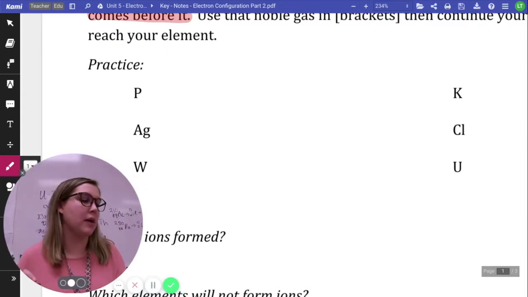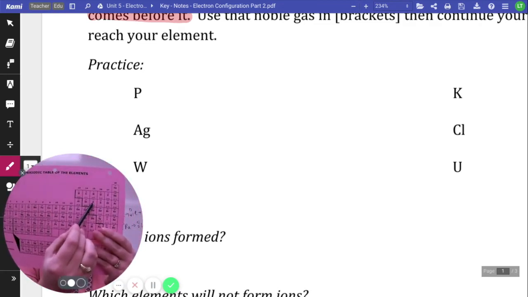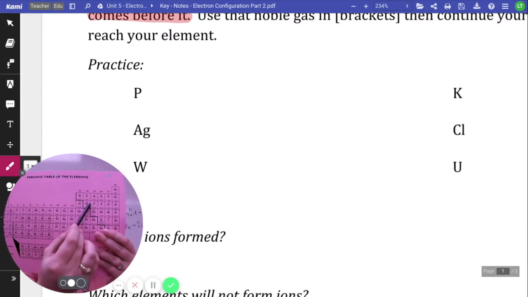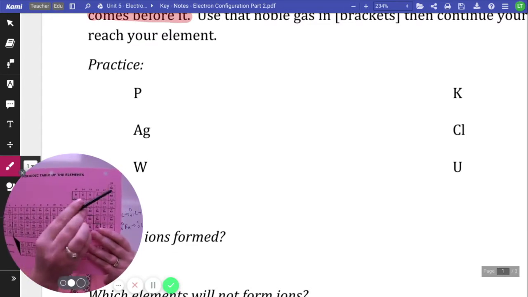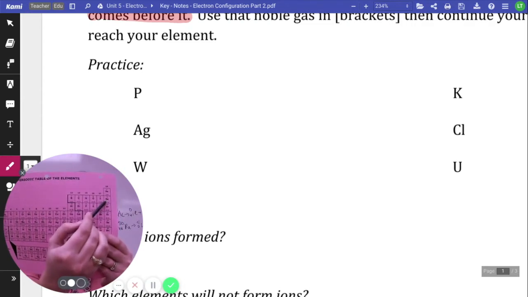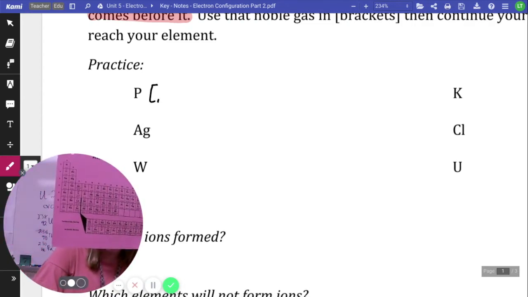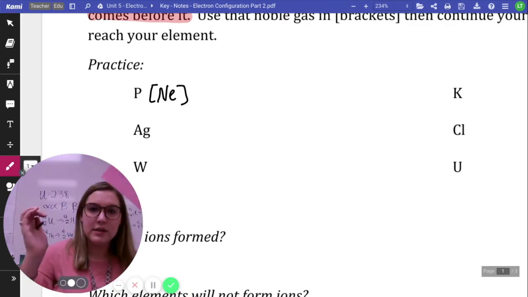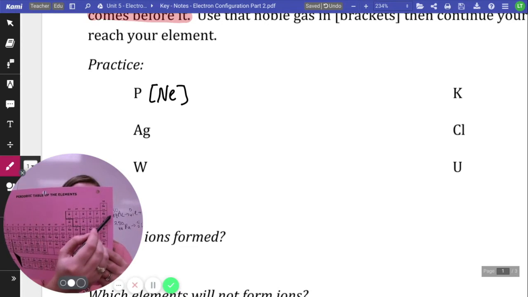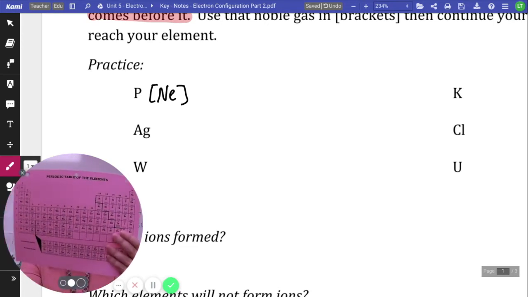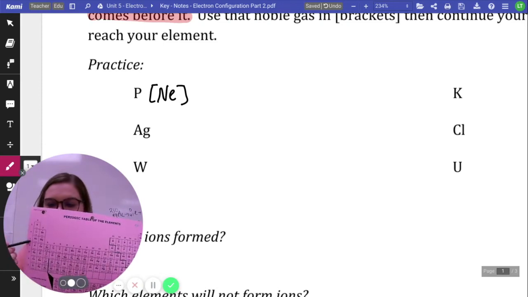All right, so we're going to start with phosphorus, which is P, number 15. Our last pass gas for phosphorus is going to be one row up from it, over here, neon. So I'm going to put neon in brackets, and then instead of starting from hydrogen, I'm going to start from neon. My next row after neon is down here, my third row.